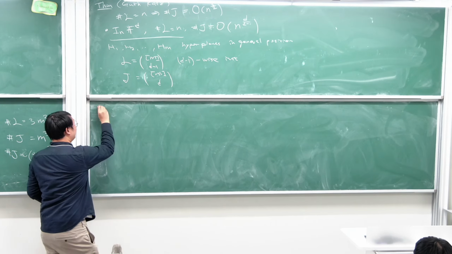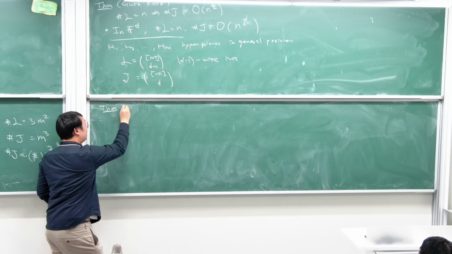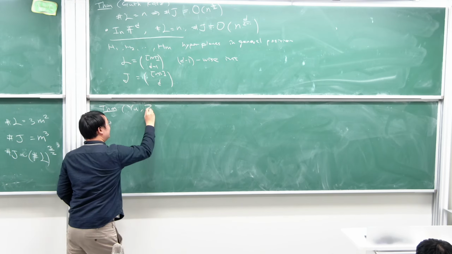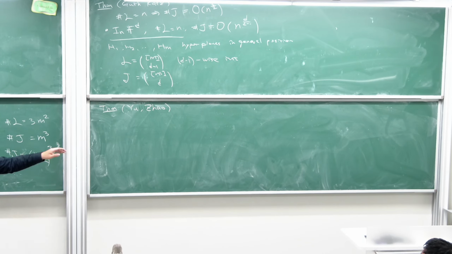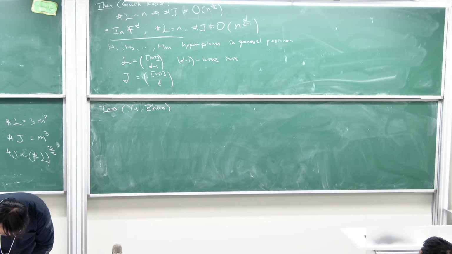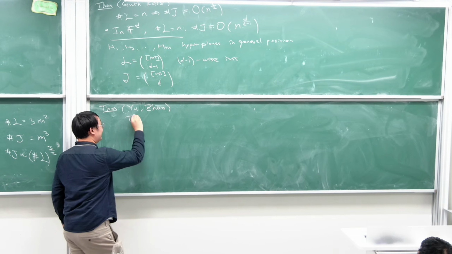So there's a theorem a few years ago by Yu and Zhao. Yu is Hans Yu and Zhao is Yufei Zhao. They proved that this construction is asymptotically tight.